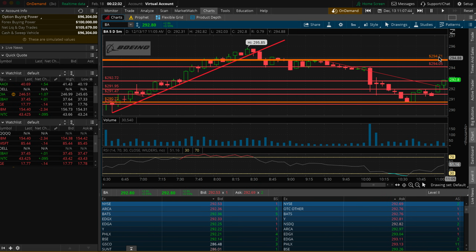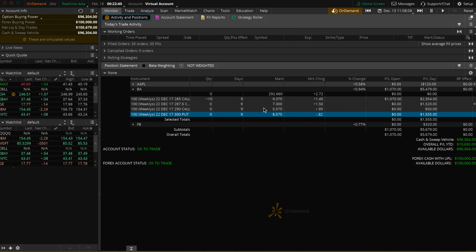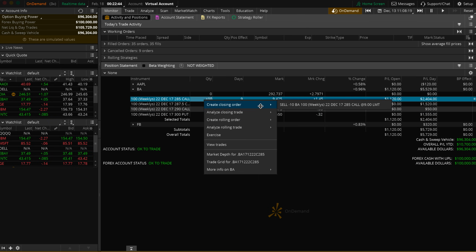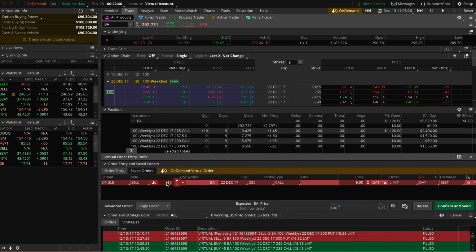This is our sell point right here. It's major resistance. But if we sell right now, we have $1,000 profit. And every time I have $1,000 profit, I like to take off half. So I'm taking off half.